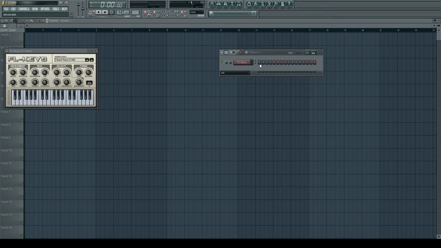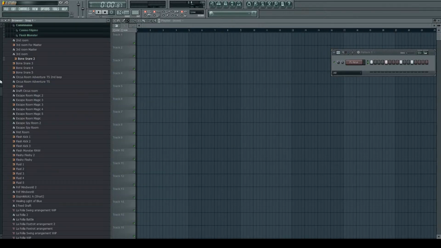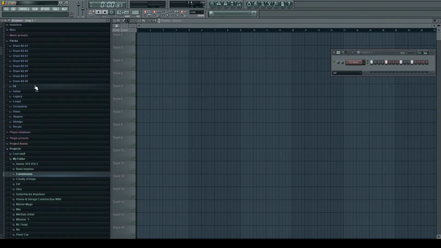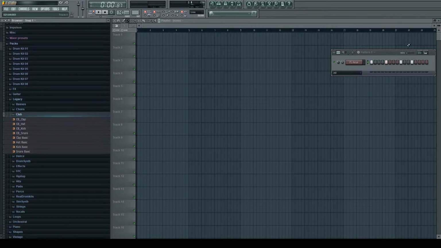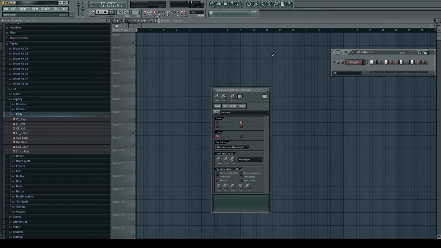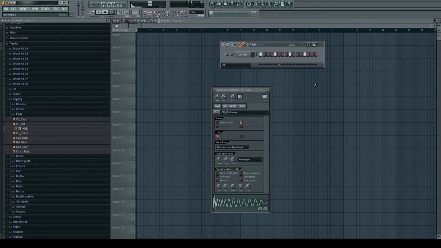If you put 2, that would be the half note, and then this would be the quarter note. There we go, that would be the quarter notes. 1, 2, 3, 4, right? So that's what you're doing.